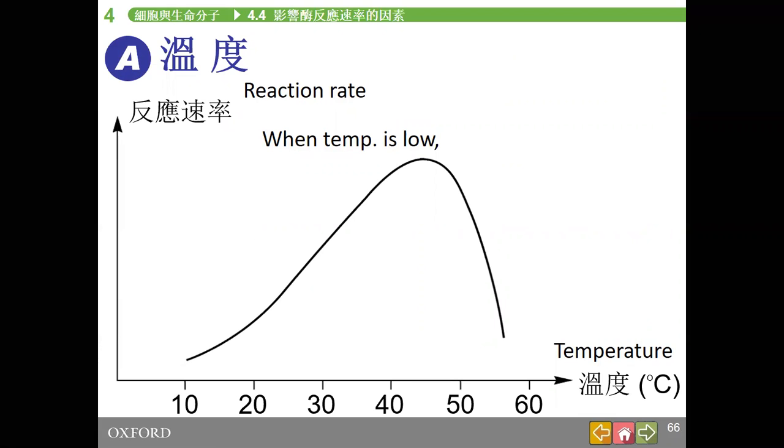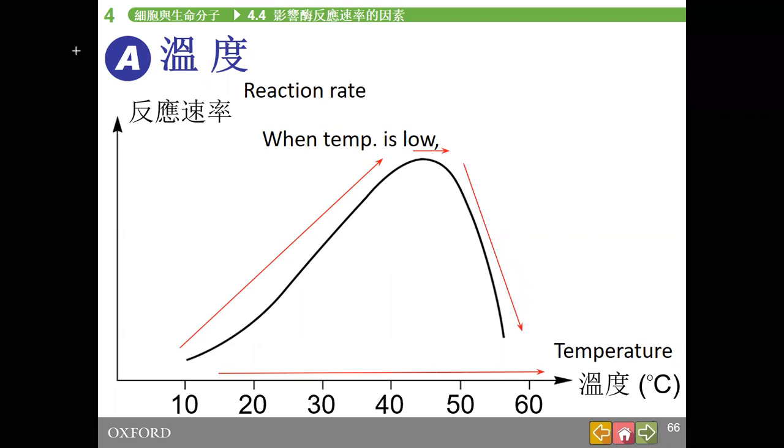You see in this graph, reaction rate is the vertical axis, whereas temperature is the horizontal axis, the x-axis. When I increase the temperature, reaction rate will go higher. It reaches the highest and goes down later.